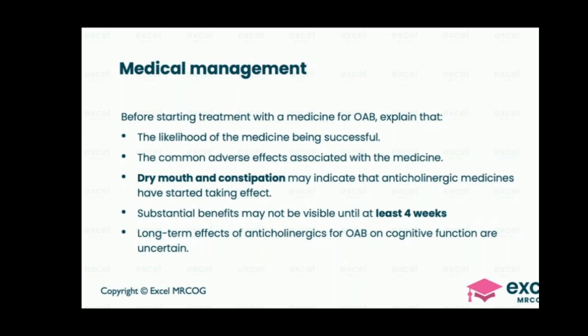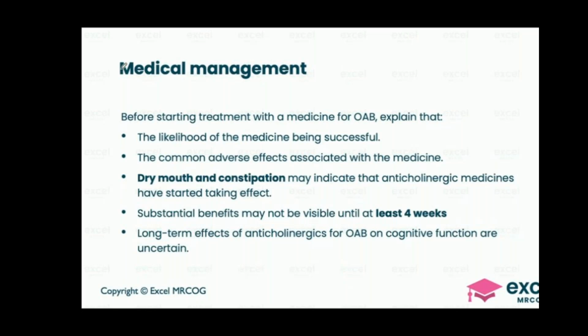Medical management for OAB. Remember, there is hardly any medical management for SUI. There is one drug, duloxetine, which is considered third line. For SUI, it is first PFMT, then surgery, and then duloxetine, or duloxetine if she doesn't want surgery.